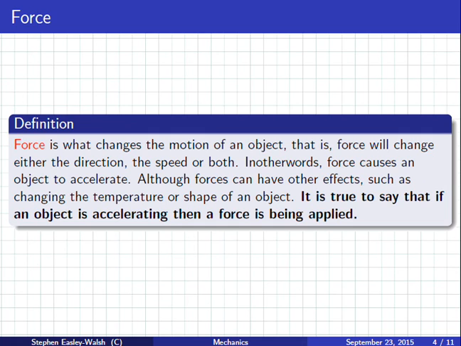Okay, so you can put this in your own words, you can write it all down, but the key thing is still, if it's accelerating, it's because of a force.